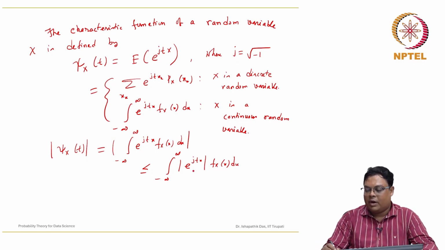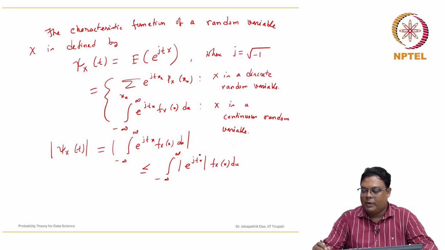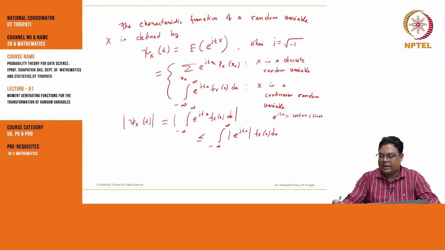Now what is the mod of e to the power of jtx, which is a complex number? e to the power of jtx is cos tx plus j sin tx.